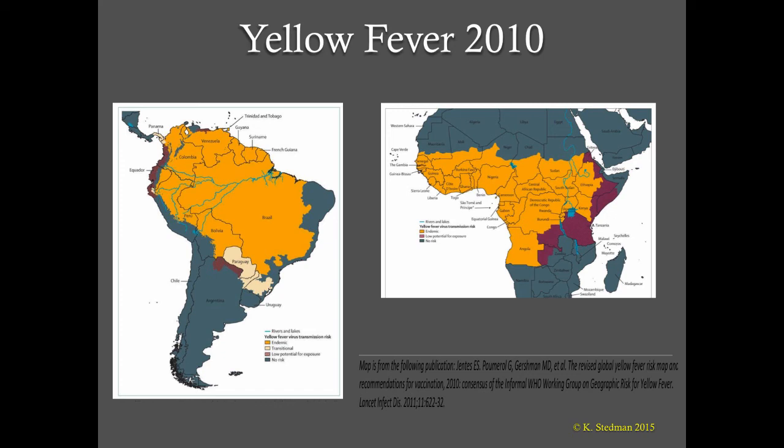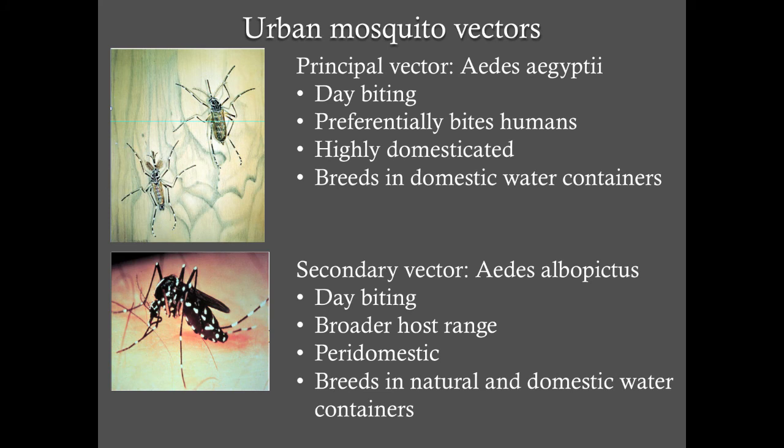And some of the individuals from Brazil discussed a recent outbreak that had occurred there just in the past year or two. So besides the lack of good vaccination in the country, the other problem involves vector control.